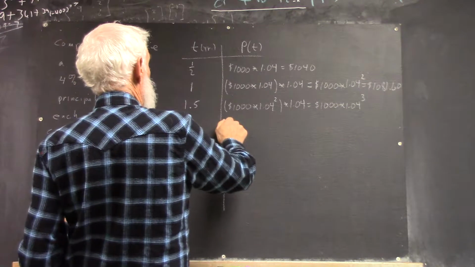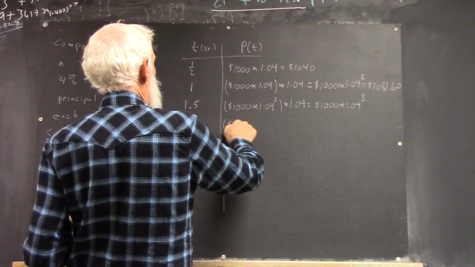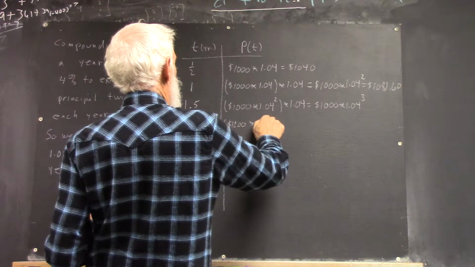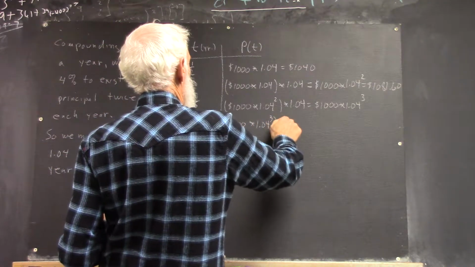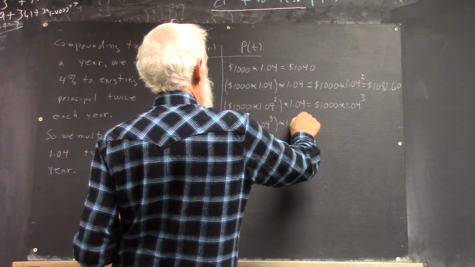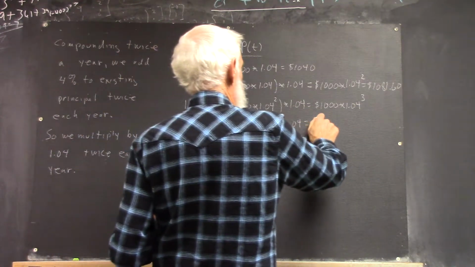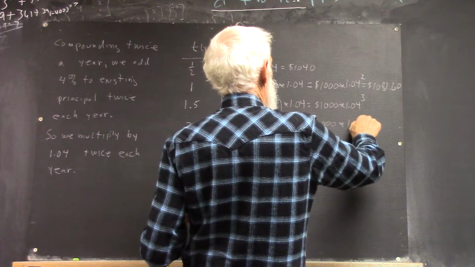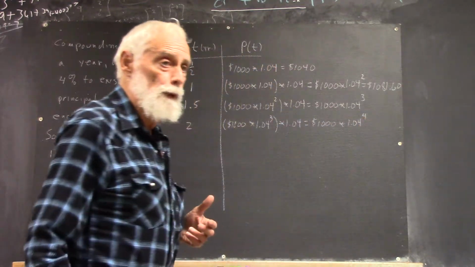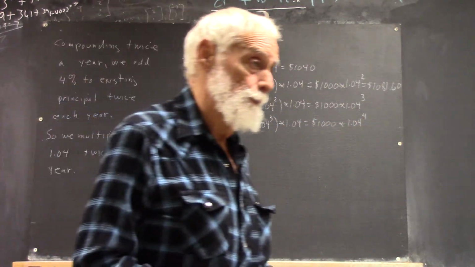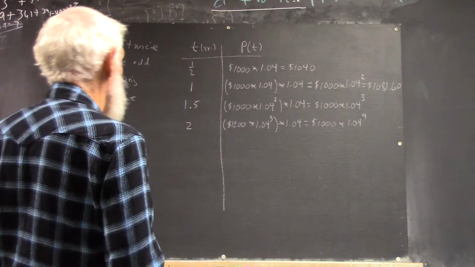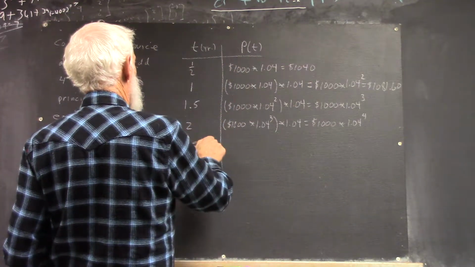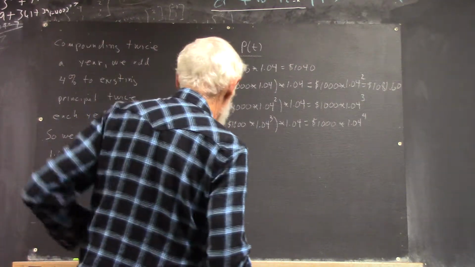After 2 years, we can see it's going to be $1,000 times 1.04 to the fourth. Etc.